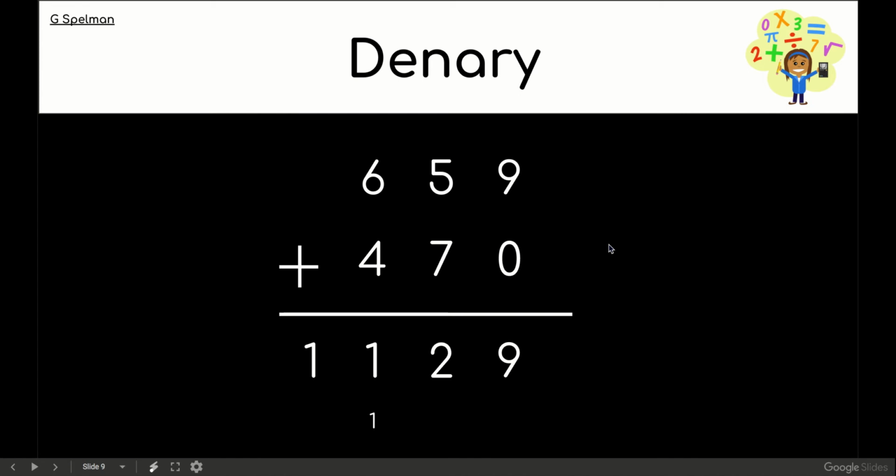We added a 3-digit number and another 3-digit number together, and our answer was 4 digits long, and that's okay in denary. We also had a carry here, and it's really important when you add two binary numbers together, when you have a carry, that you show it, so the examiner knows you understand the method and follow it fully.